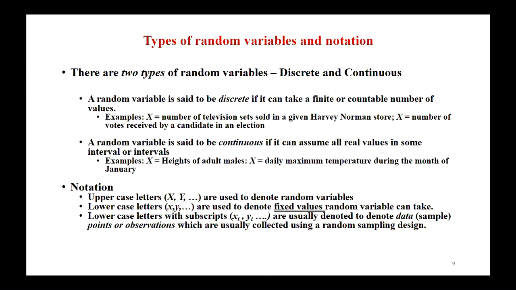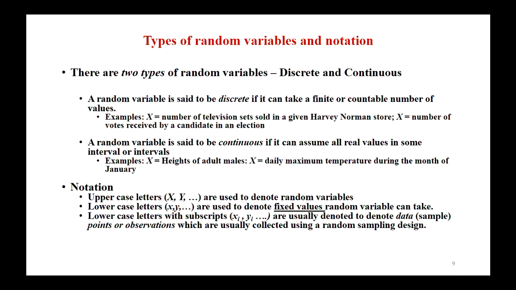Notation. We use uppercase letters, conventionally, to refer to random variables themselves. We use lowercase letters to refer to fixed values that a random variable can take. Okay? So big X will represent the random variable. Small x will represent a particular value that big X can take.